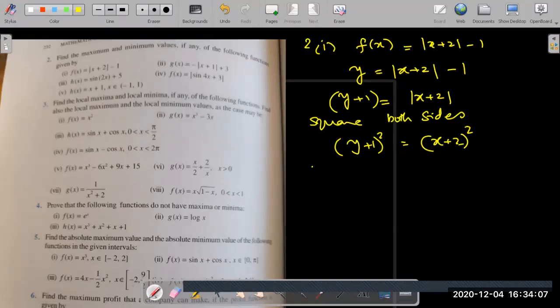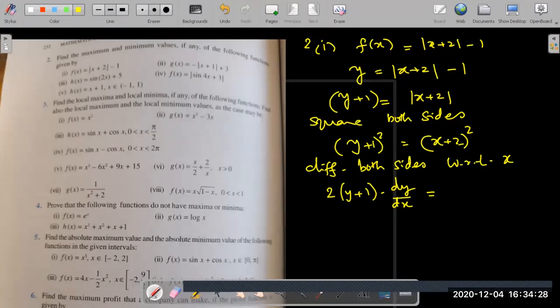Now differentiate both sides with respect to x. So left side, 2 into y plus 1 into dy by dx, equals right side, 2 into x plus 2 into 1.